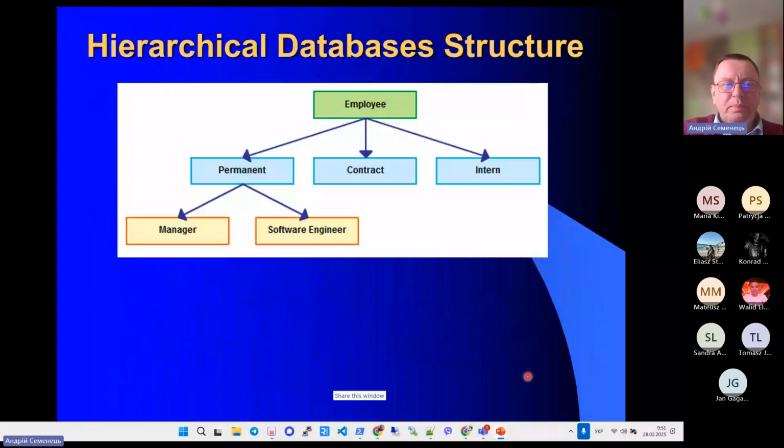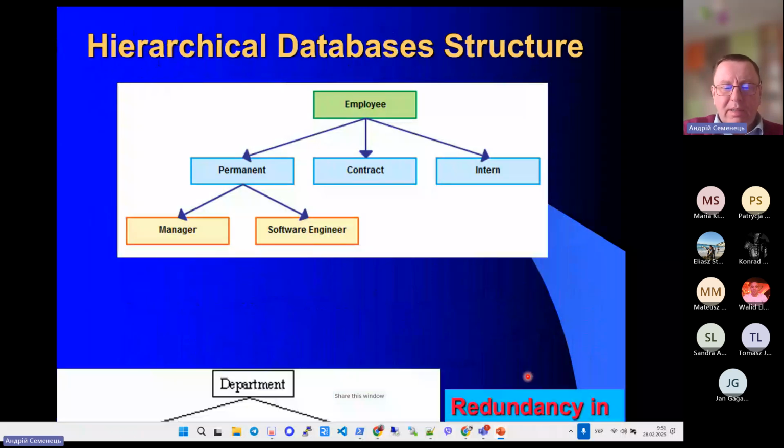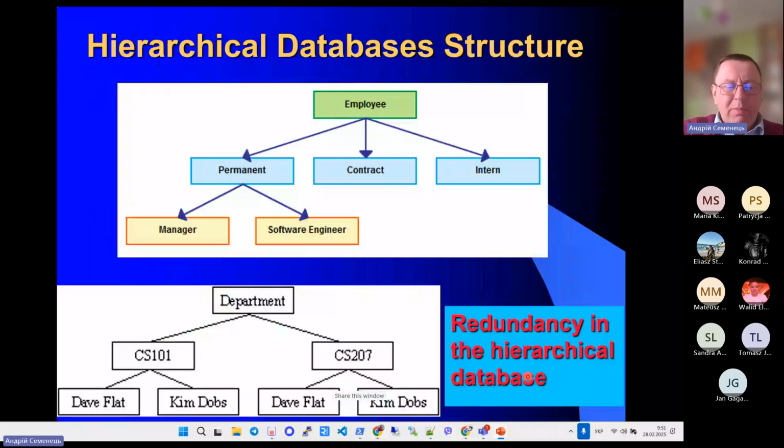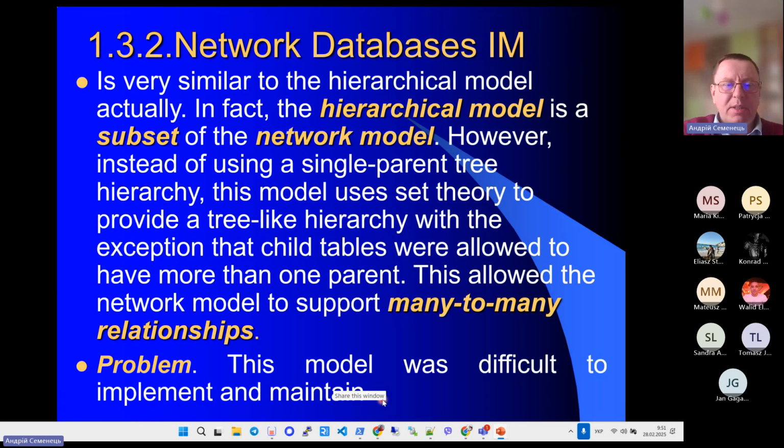So here we have a hierarchical database, and here is the problem of redundancy when a person has partial assignments for different departments, so information about this person has to be duplicated. So here is the problem of the hierarchical database.